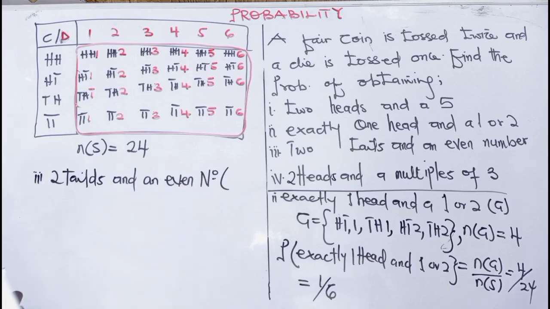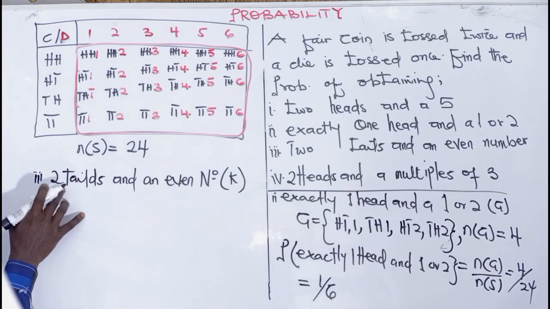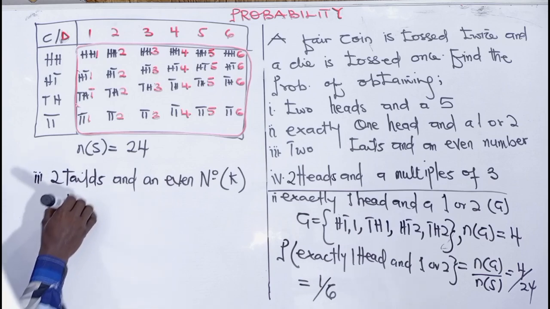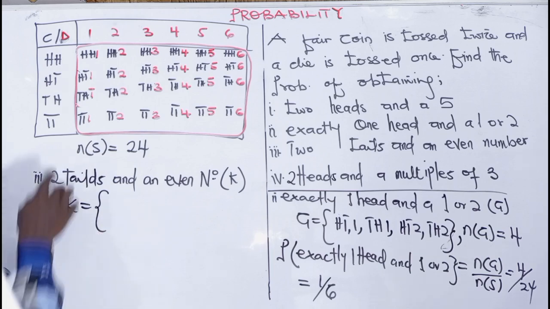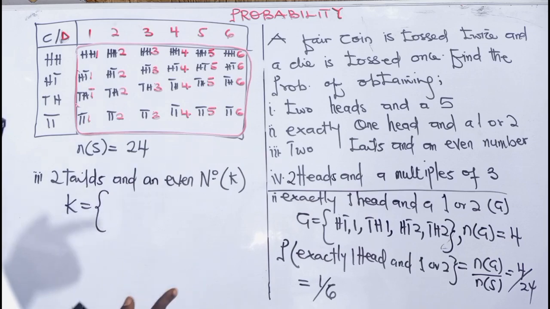So with that, let's use the letter K to denote the event of obtaining two tails and an even number. We find the set of possible outcomes in this event. We are talking about two tails, so this is the two tails column, and then even numbers. We know that even numbers are numbers that are divisible by the number 2.